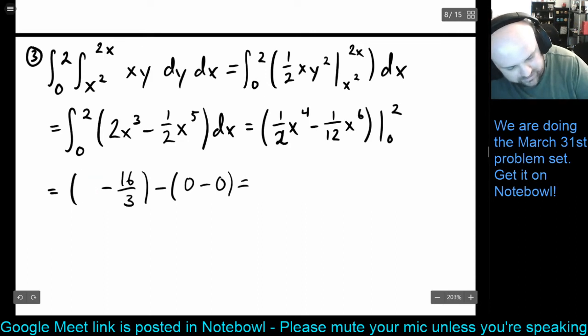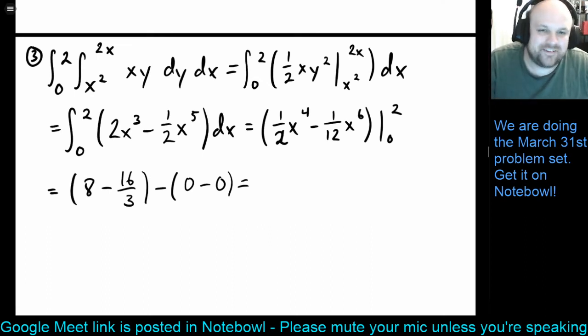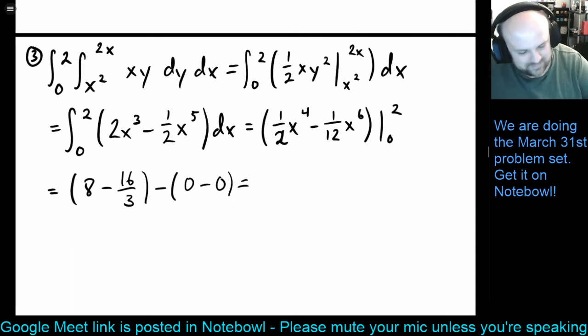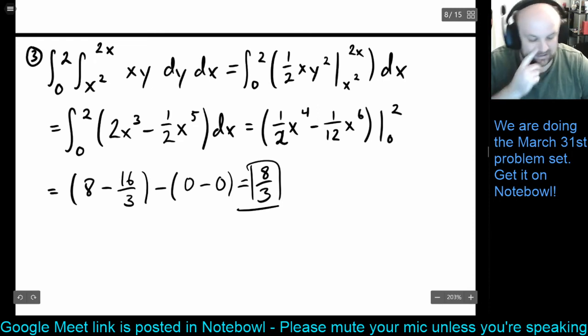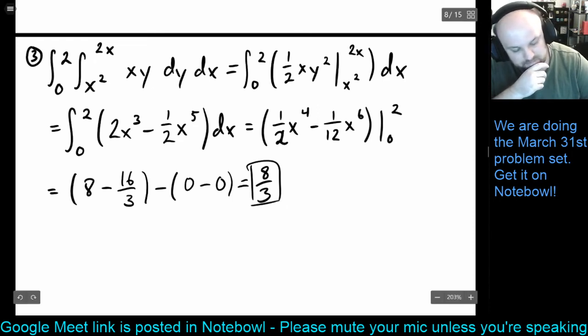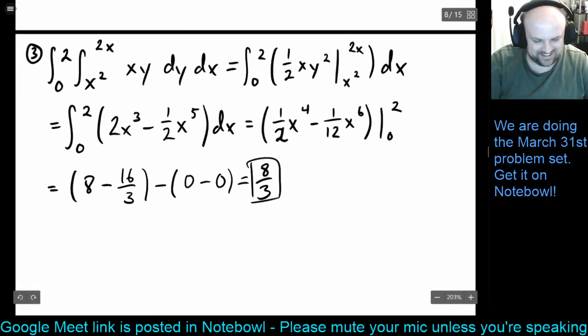So this actually should be an 8, not a 4. All right. So where are we going? Right. So now we just need to do this. So 8 is 24 over 3 minus 16 thirds is just going to be 8 thirds. And there we go. Okay. Any other questions, or hopefully no more mistakes?